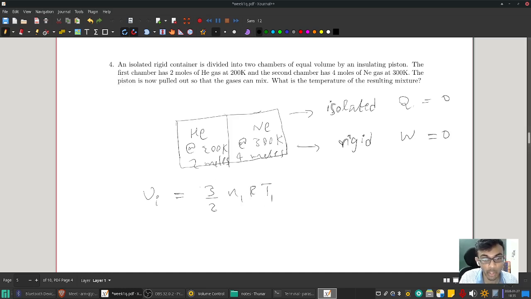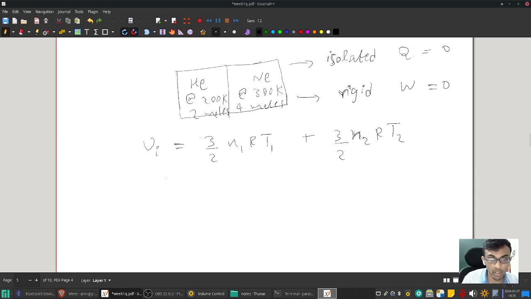It's a monoatomic gas, so we have 3 here. The CV is 3R by 2. Similarly, neon is also monoatomic, so this is the initial total energy of the system. So that would be three times R. Okay, let us just leave it like this.